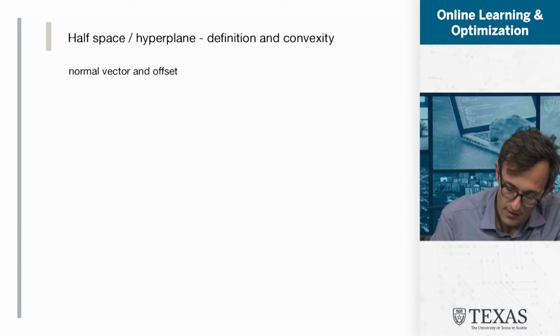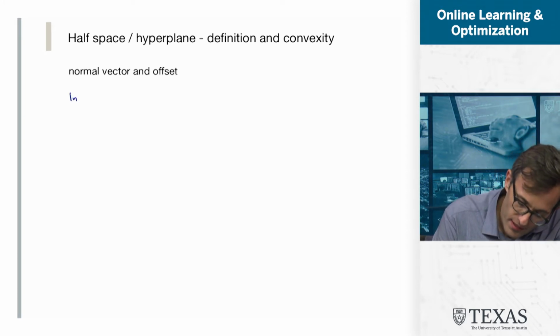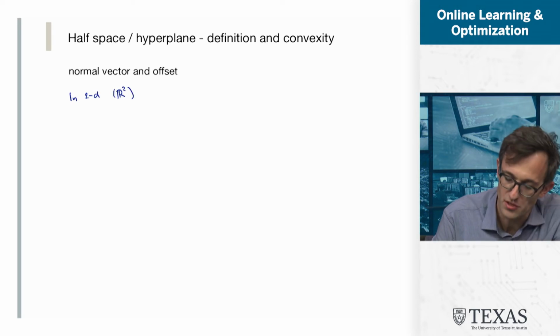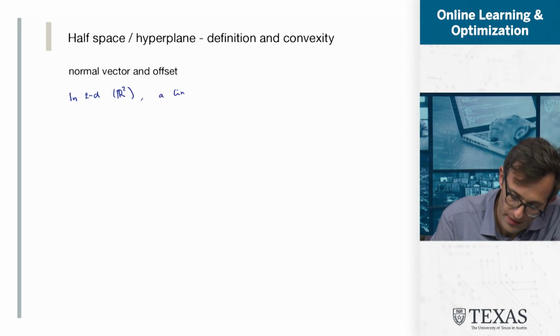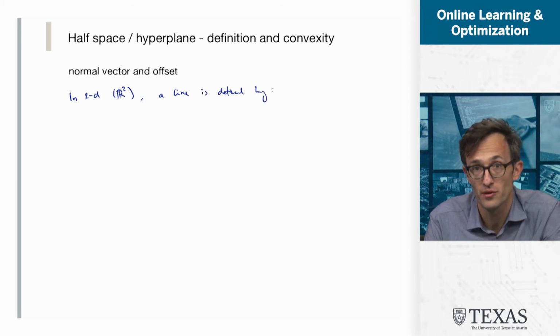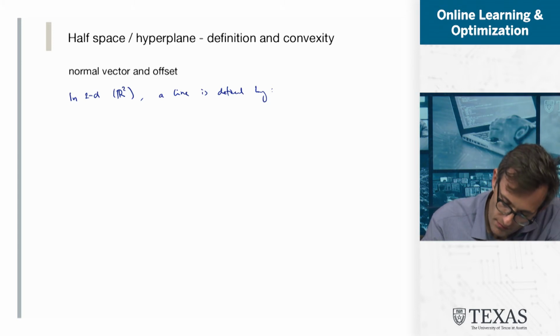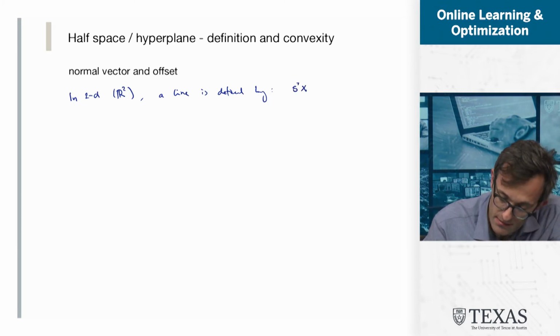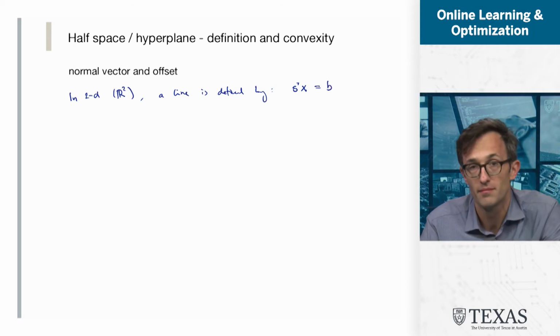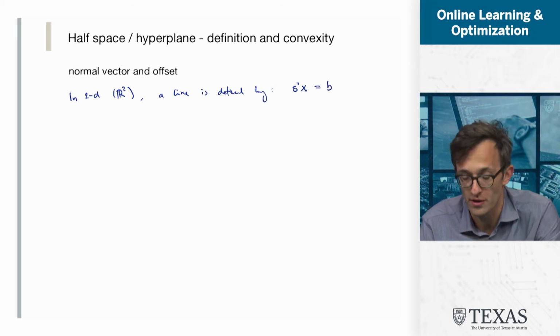What we saw is that in 2 dimensions, in other words, in R2 in our notation, a line is defined by, and I'm going to write this a little bit more generally than before, S transpose X equals B. What were S and B in our example in the previous slide?